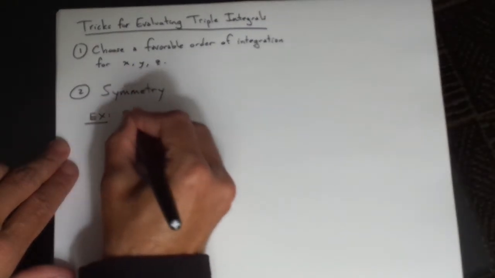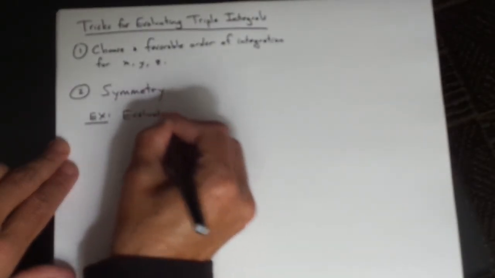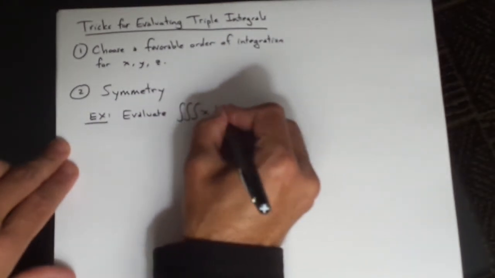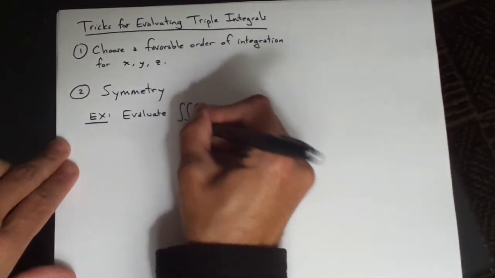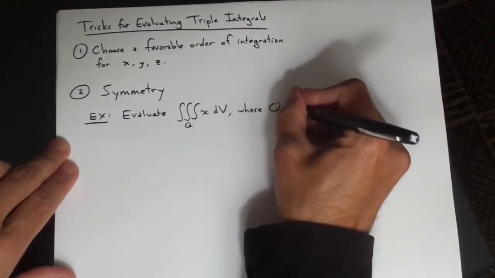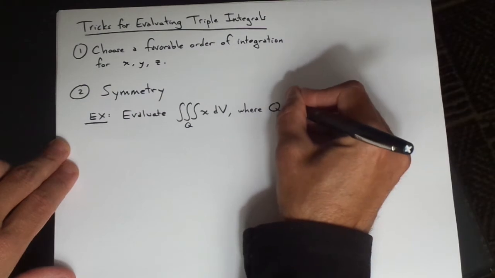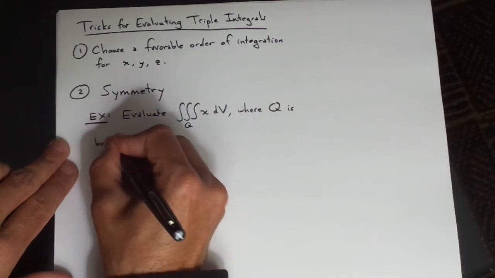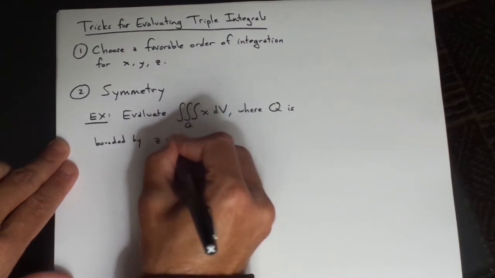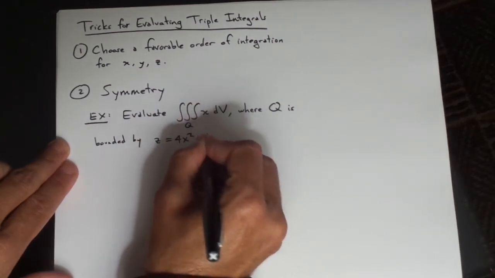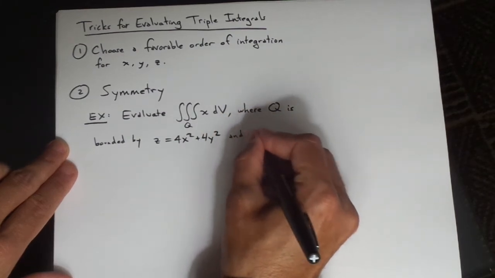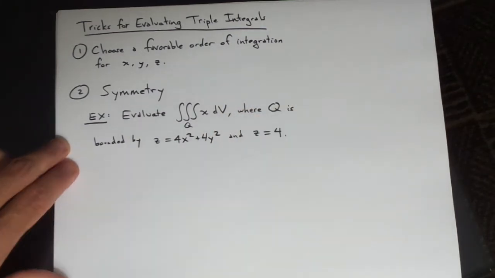Suppose I wanted to evaluate the triple integral of x dV over Q, where Q is my solid, bounded by z equals 4x squared plus 4y squared and z equals 4.